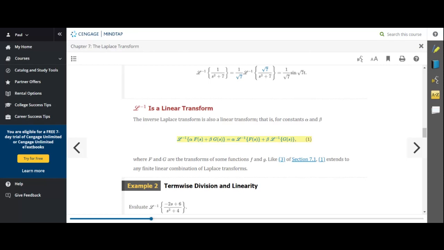All right, are there any questions so far? All right, very good. So ultimately, what do we want to do with these Laplace transforms? We want to be able to use them to help us find solutions to differential equations.